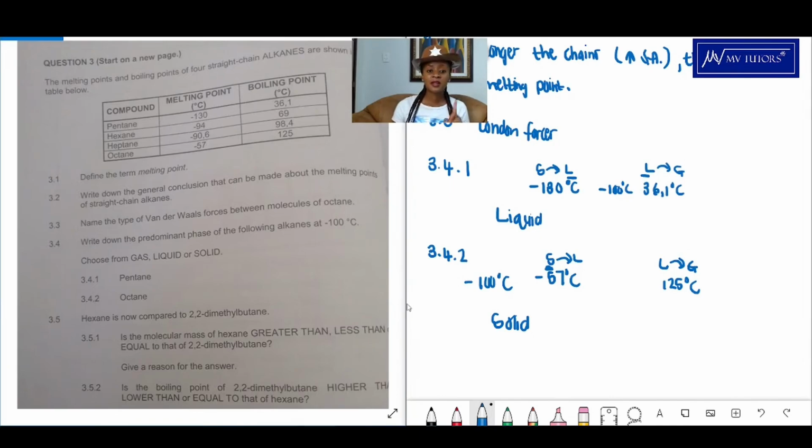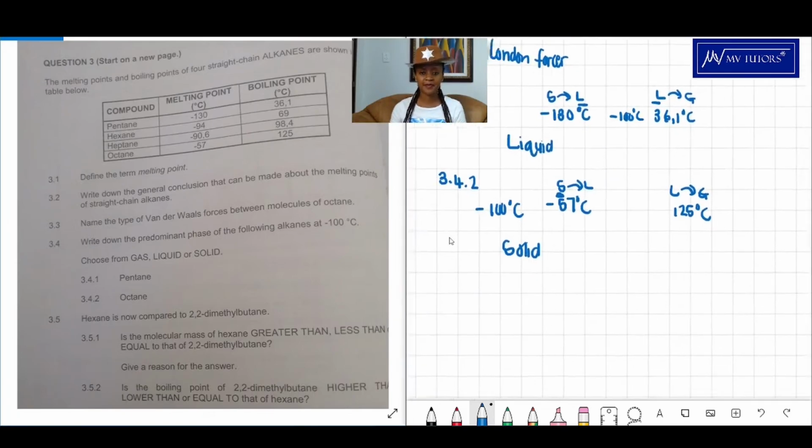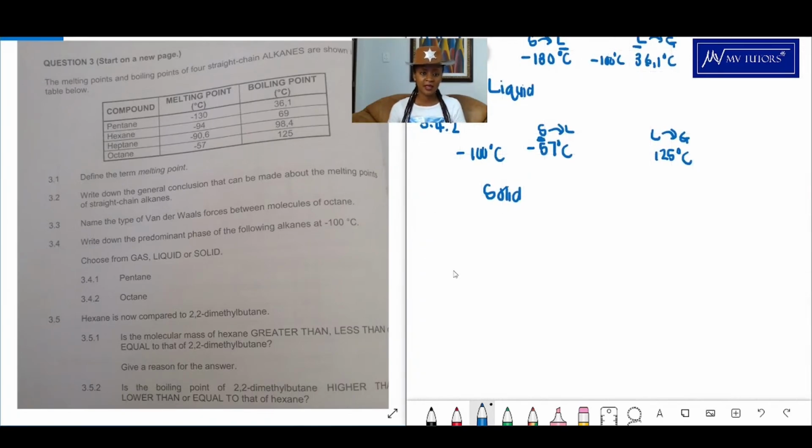Yeah, so octane is a solid at negative 100 degrees and pentane is a liquid. Okay. And that is why octane would have a higher melting point or a higher boiling point. Okay, it takes time because the forces are generally stronger with longer chains as compared to shorter chains. So it'll take quite a while before it melts or it boils.